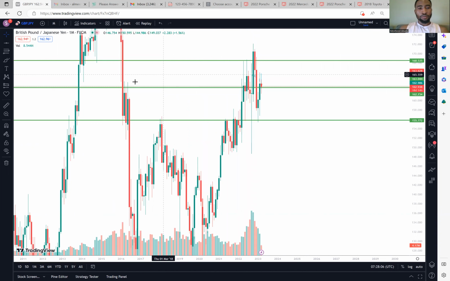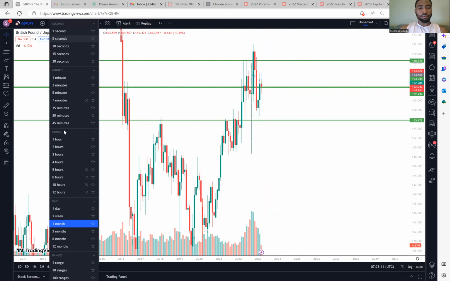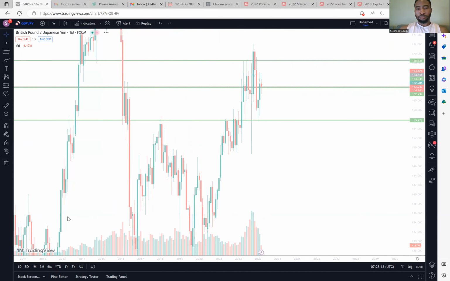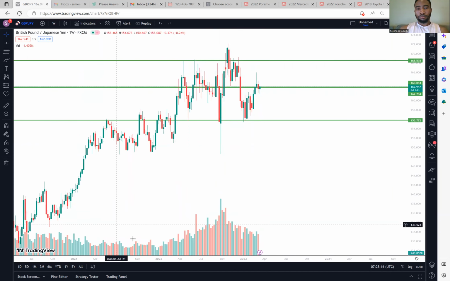So now the market is here. Let's go to the weekly time frame. On the weekly time frame, we can see the market retested this area. It even retested it this morning, actually. It tested this zone last week, which is a good sign that we are going uptrend.